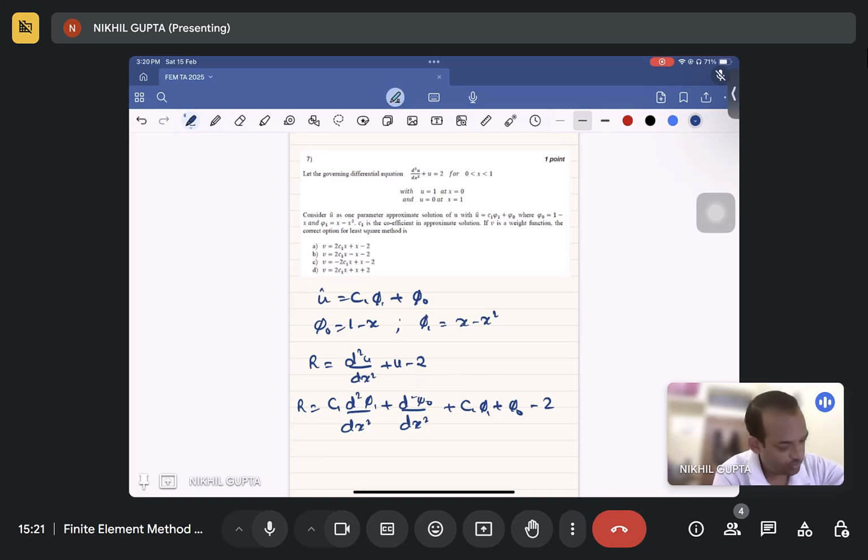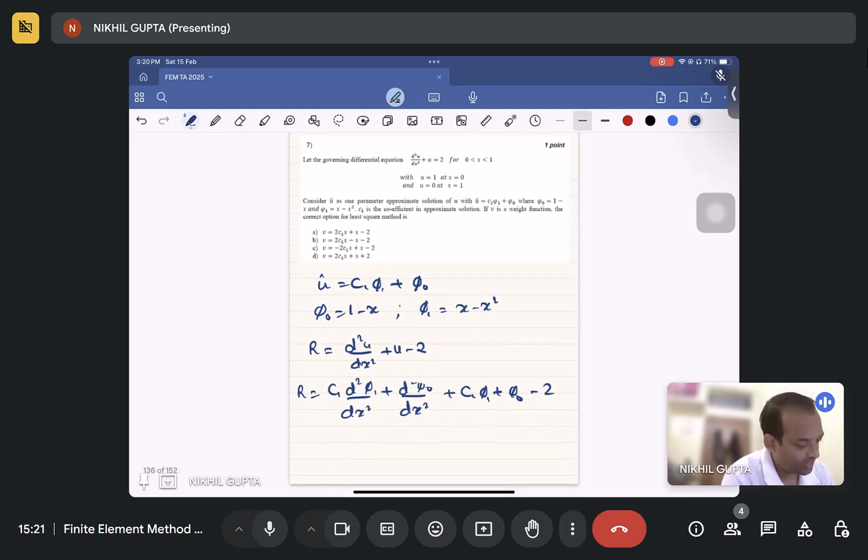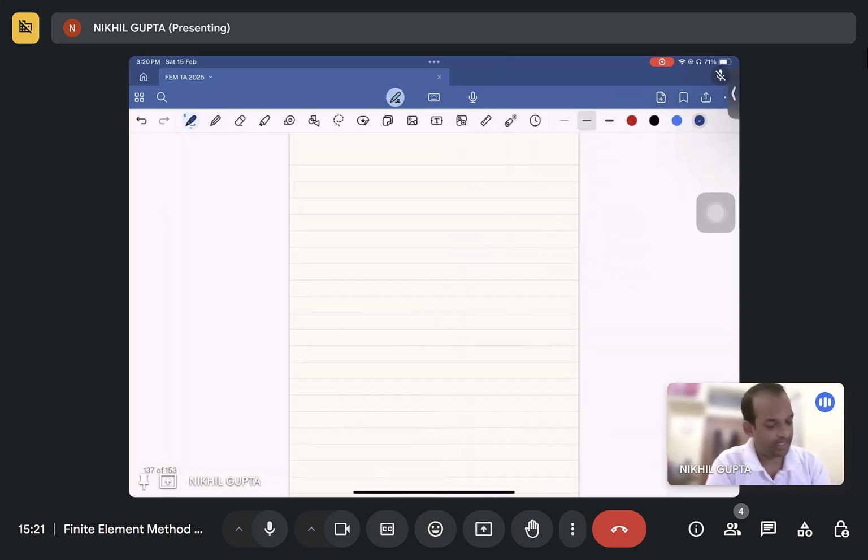Now we have this residual value, and we can substitute the values of phi and the rest. Let's compute the values which are built into it. Phi naught we know is 1 minus x, and phi 1 we know is x minus x square.